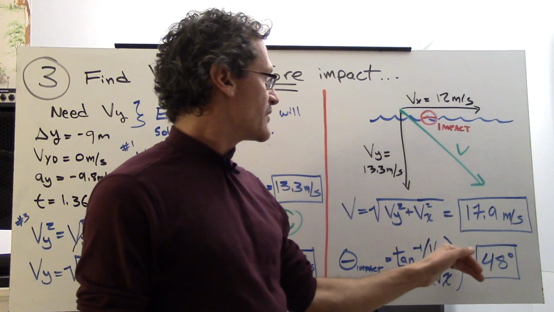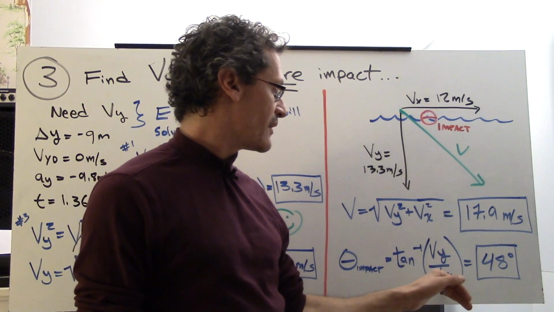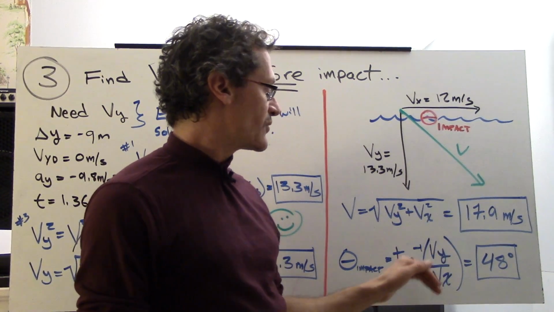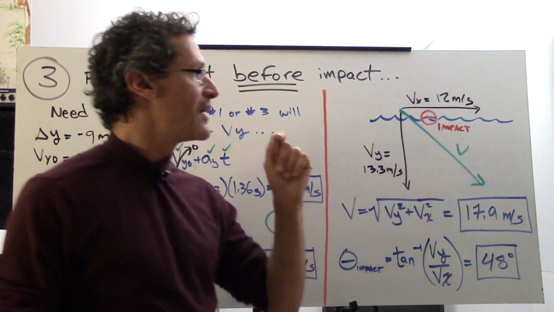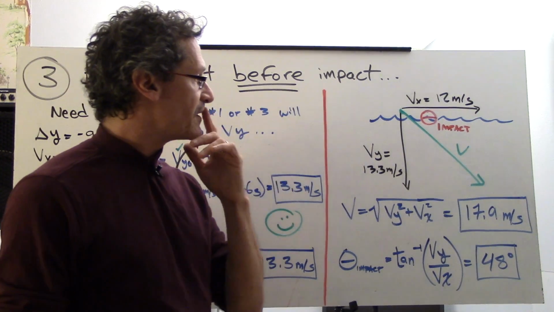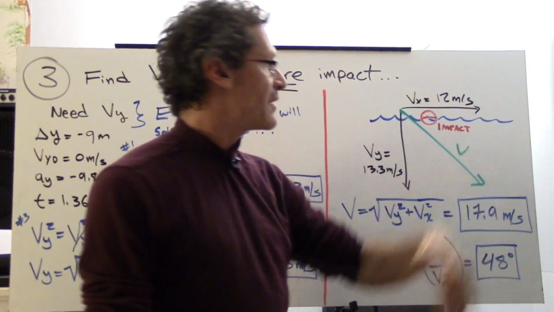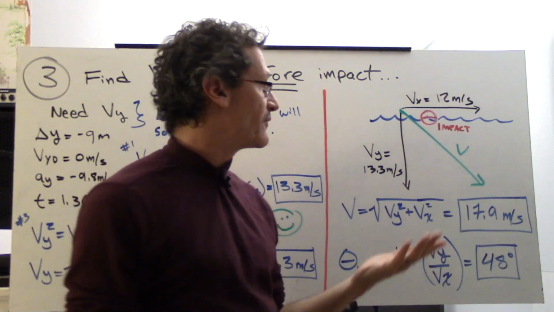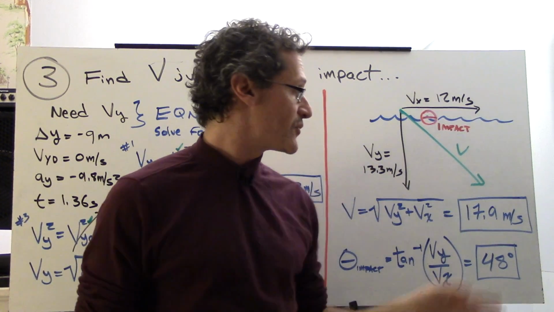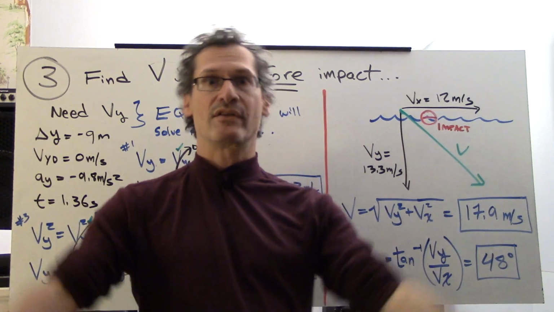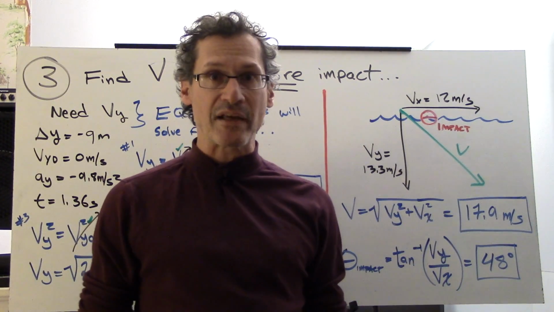So it's the opposite side Vy divided by the adjacent side Vx. Inverse tangent of Vy divided by Vx gives you an angle of about 48 degrees. My gut check says that's about right, because if these were equal, it would be exactly 45 degrees, and they're not far off. 12 and 13.3 are pretty close to each other, so the angle is not far from 45 degrees. Another great gut check, and I think we got it.